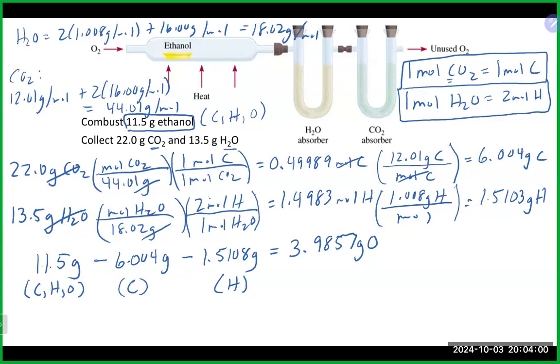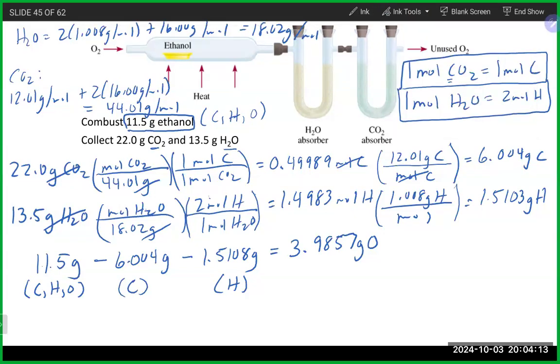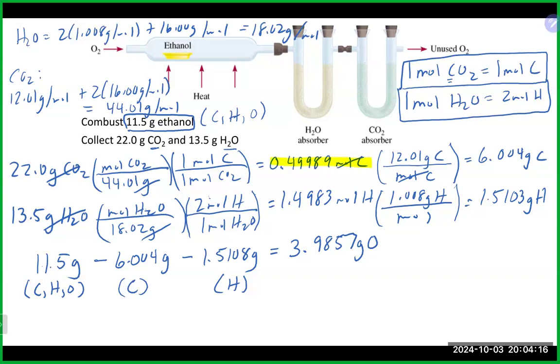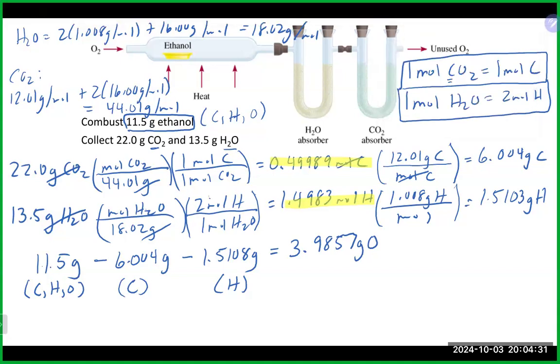At this point, we can now basically do an empirical formula problem, right? So we're going to take our grams and convert them to moles. The reason I already have an answer for moles for carbon and hydrogen is that I don't have to do that calculation now. I already did it, right? That is how many moles represent 6 grams of carbon, and that is how many moles represent 1.5 grams of hydrogen. So really at this point, the only thing I need to convert back into moles is my oxygen.